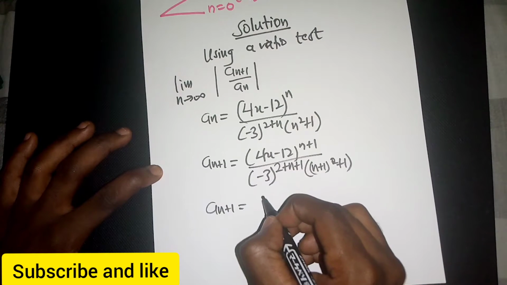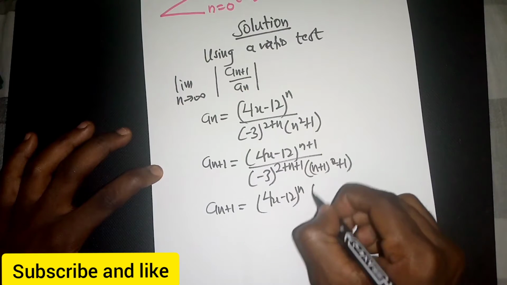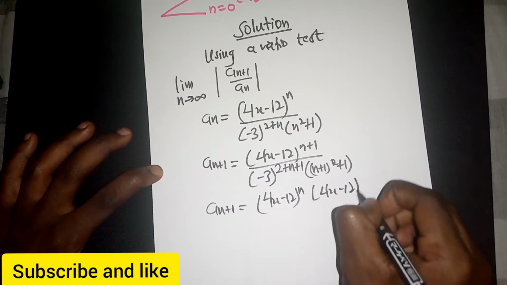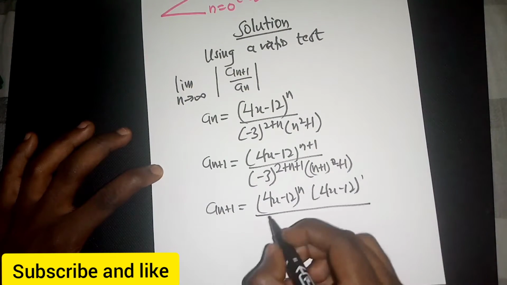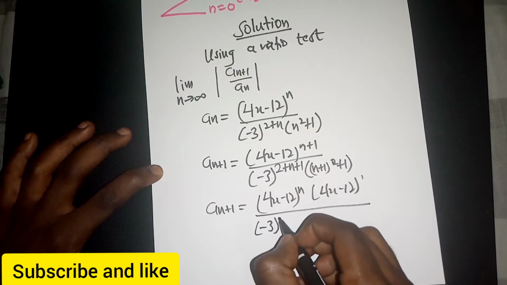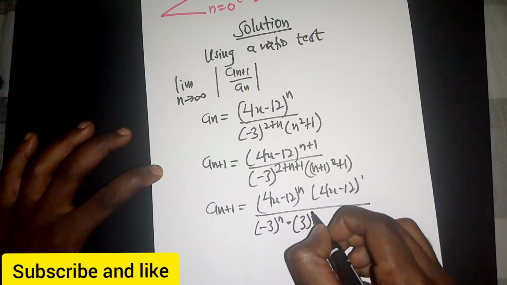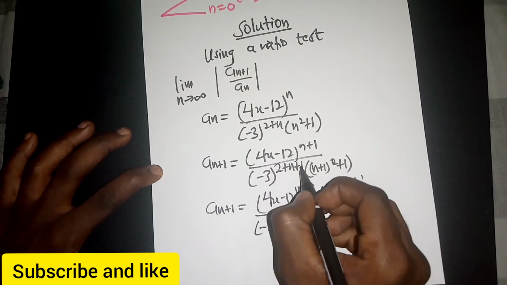We can write this as (4x minus 12) to the power n and also (4x minus 12) to the power 1, divided by (minus 3) to the power n and 3 to the power 3, because 2 plus 1 is 3.